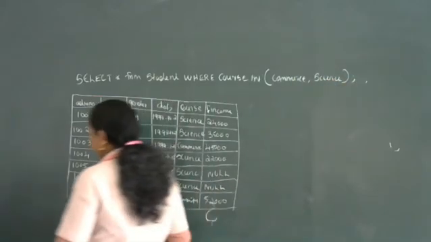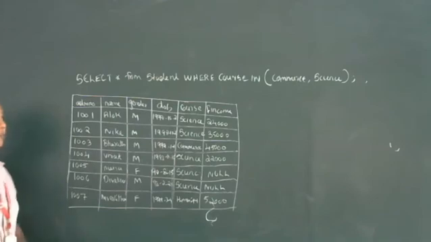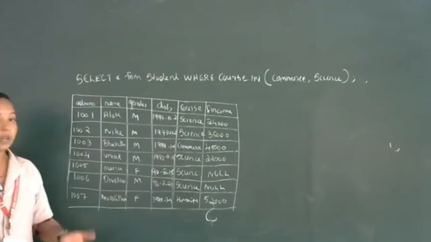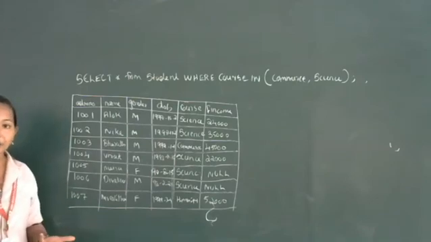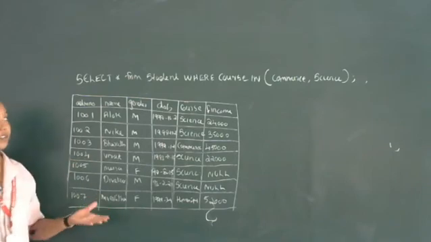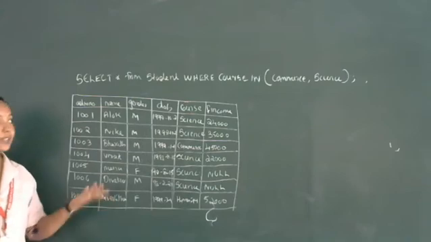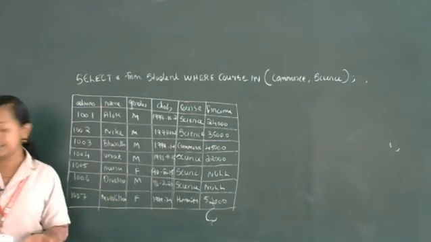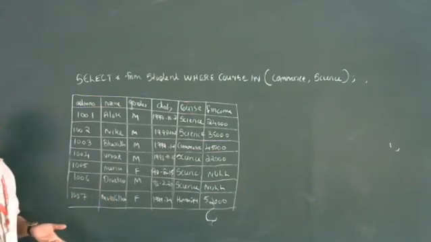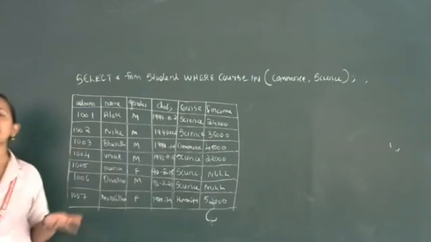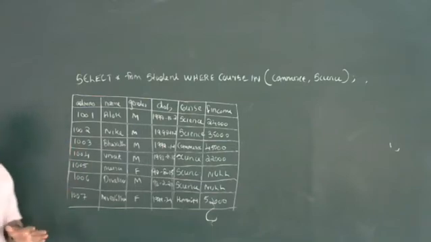Then we will get all the rows that satisfy the condition, whether course is equal to commerce or course is equal to science. Clear? So any kind of conditions we can write using the where clause.